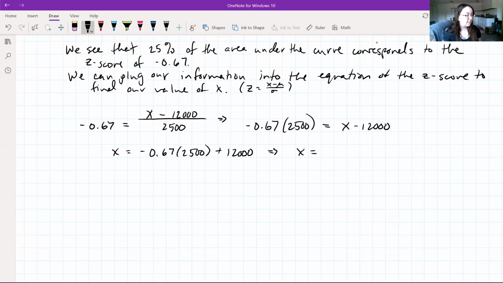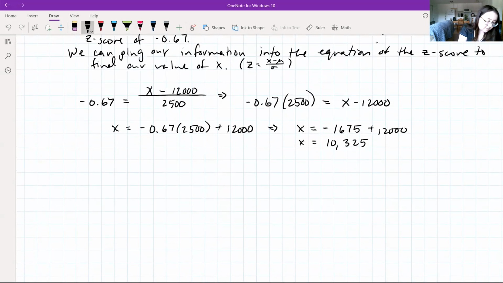Now we can calculate this value, and we're going to get negative 1,675 plus 12,000. And we're going to get x is equal to 10,325. In this case, it's dollars.